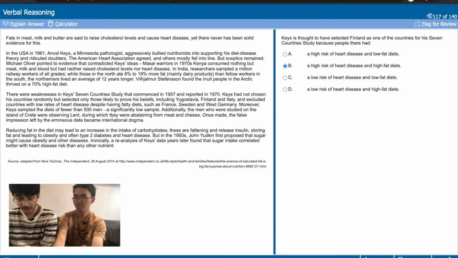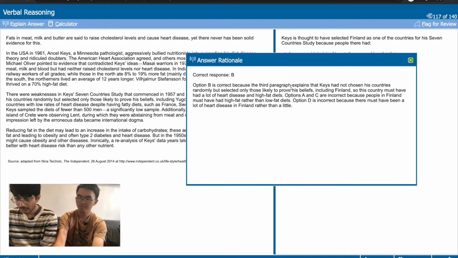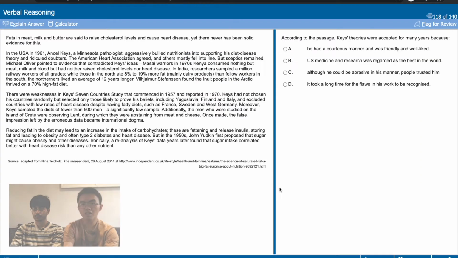So it's going to be A or B, and because at the beginning it says that fat milk, meat, and butter are said to raise cholesterol levels, and that's what he's trying to prove, it's going to be B. Yep. So that's how you do that question. Now we'll move on to the next one.